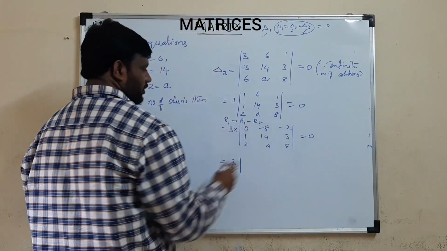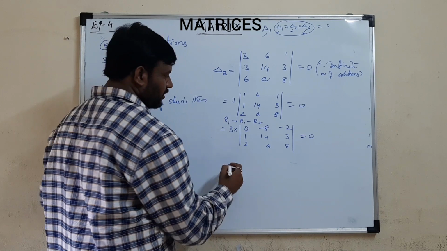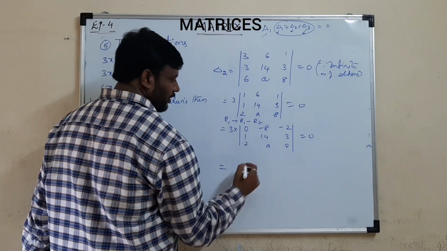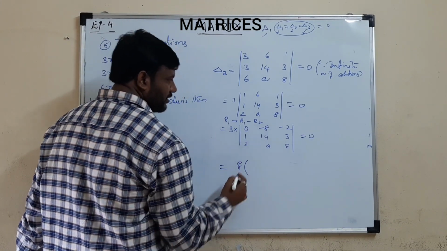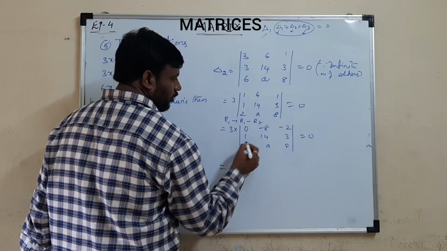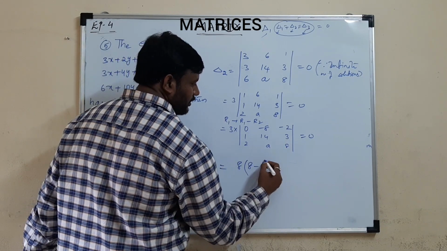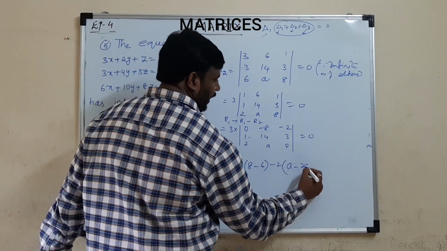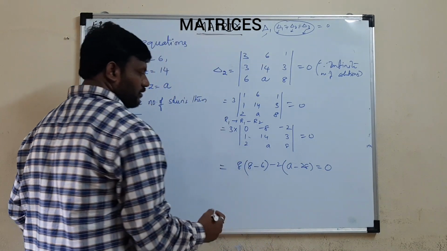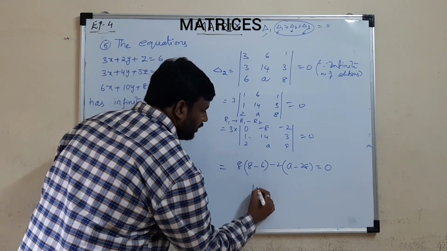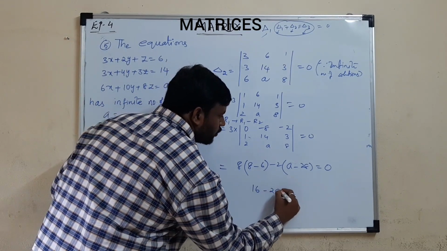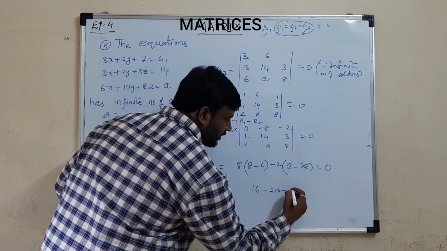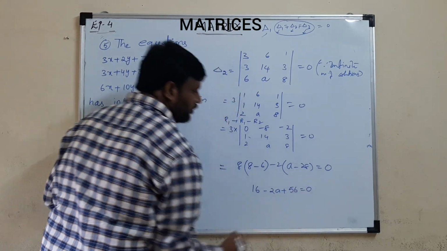Now I use the determinant here, which should be equal to 0. Whenever it is equal to 0, the coefficient also goes to that side. 0 times something will be 0. Minus of 8 will become plus side, first row and second column at the left: 8 into (8 minus 6) minus 12 into (A minus 28) equal to 0. Now simplify this. 8 minus 6 is 2. 2 times 8 is 16, minus 2A plus 2 times 28 is 56, equal to 0.